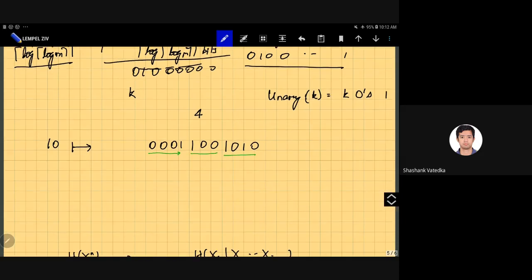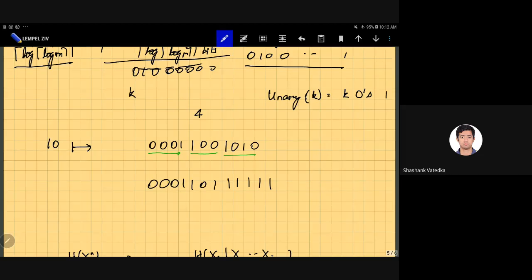Okay. So let's see another example. Let us say that I have the following. Okay, so suppose you are presented with this particular string.